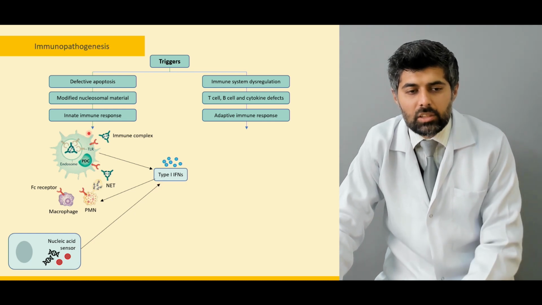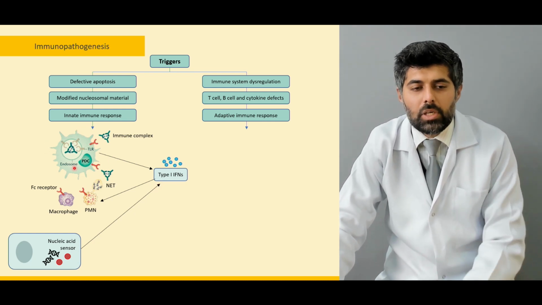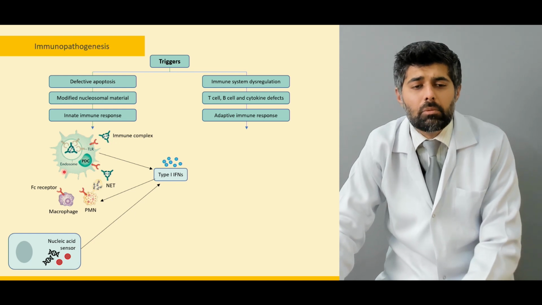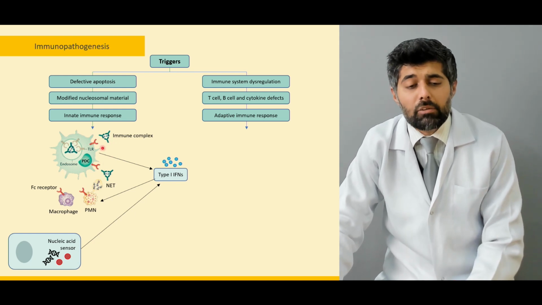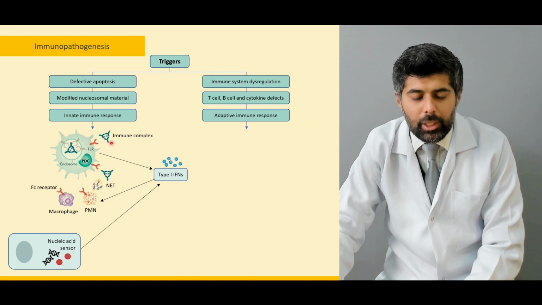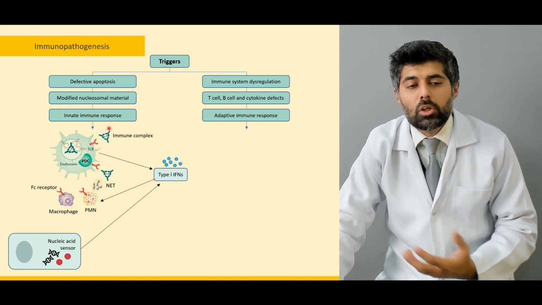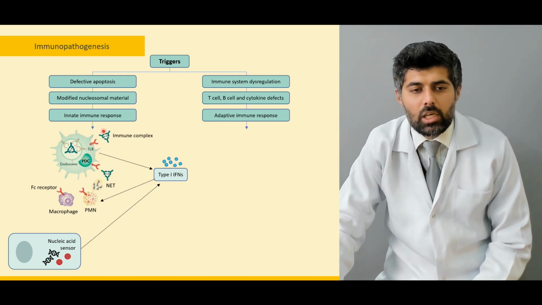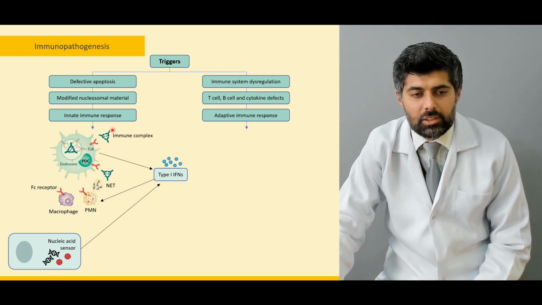So this is a normal cell, it can be a dendritic cell, it can be a macrophage, whatever it is, its surface antigens are starting to form abnormal complexes with the antigens, forming immune complexes.